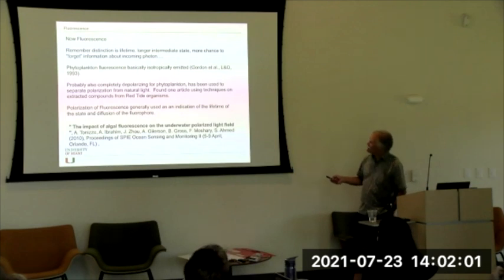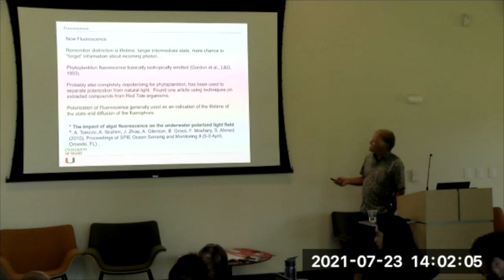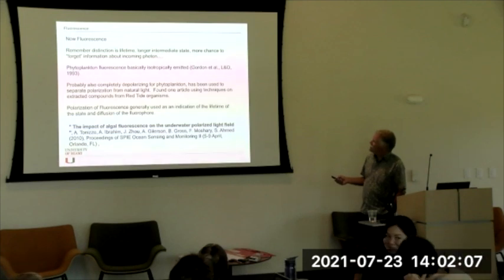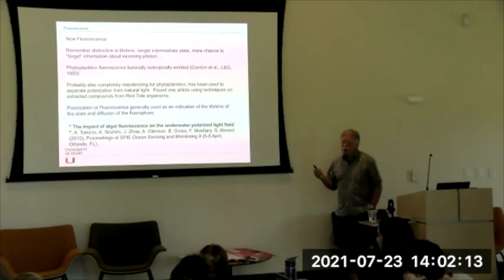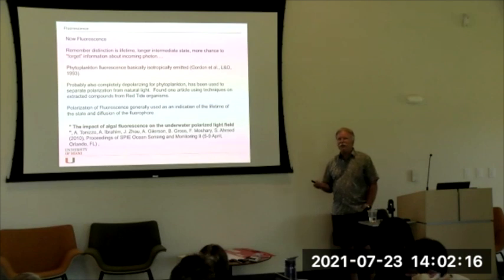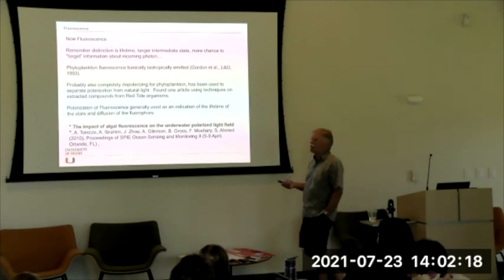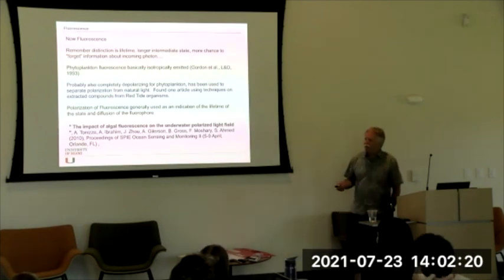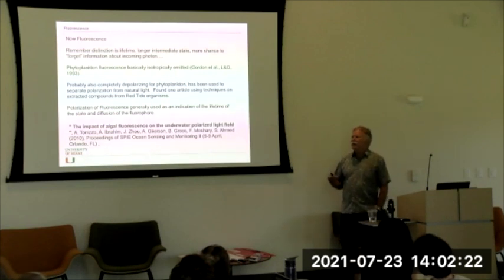So it's emitted isotropically. It's probably also depolarizing, although I don't know if people have done that. But I do know they used polarization, depolarization of fluorescence to separate fluorescence in the natural light field.